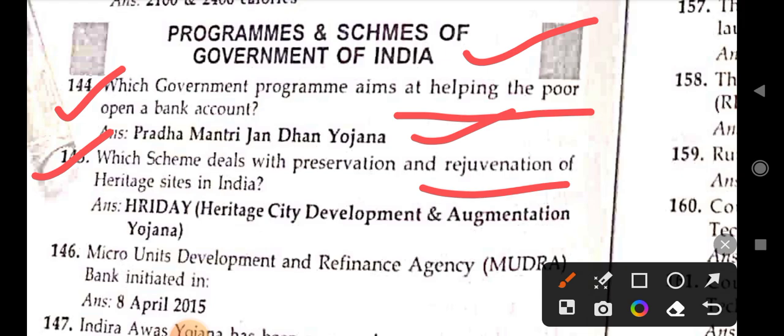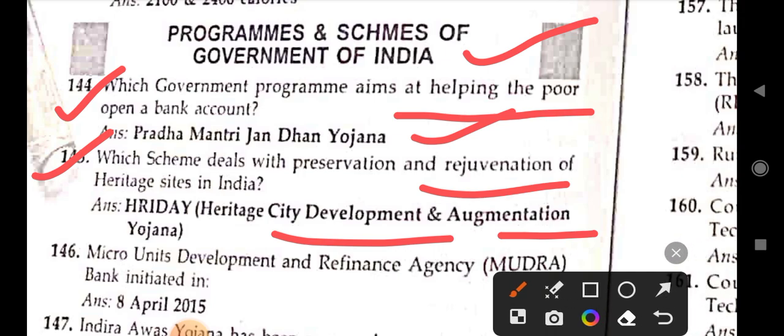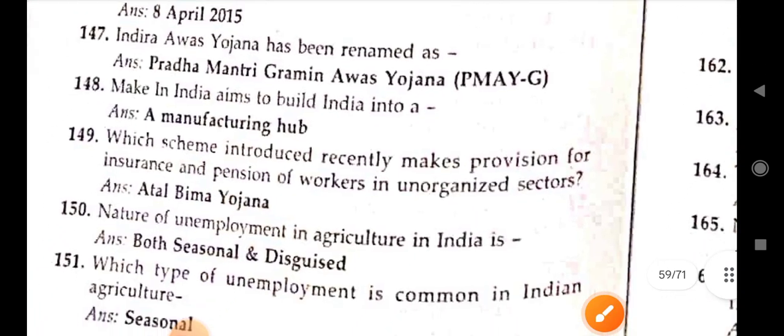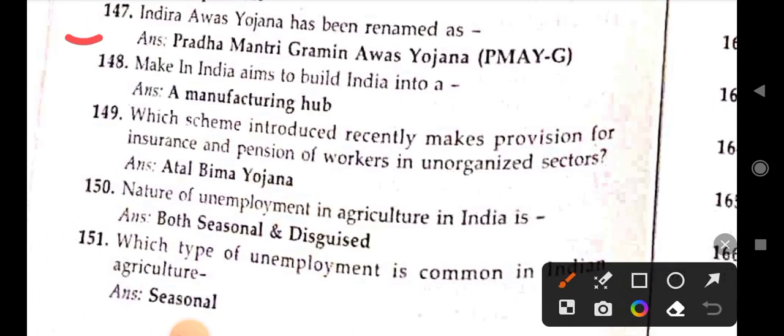Heritage City Development and Augmentation Yojana. Next, Micro Units Development and Refinance Agency, Mudra Bank, initiated on 8 April 2015. Next, Indira Awas Yojana has been renamed as Pradhan Mantri Gramin Awas Yojana.